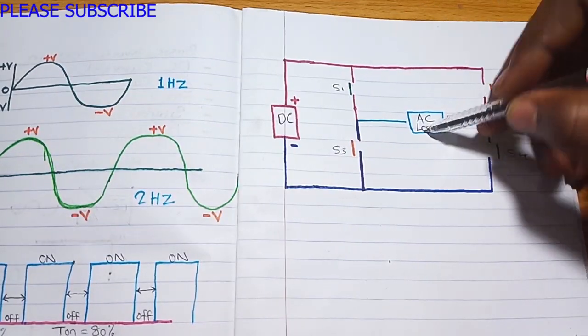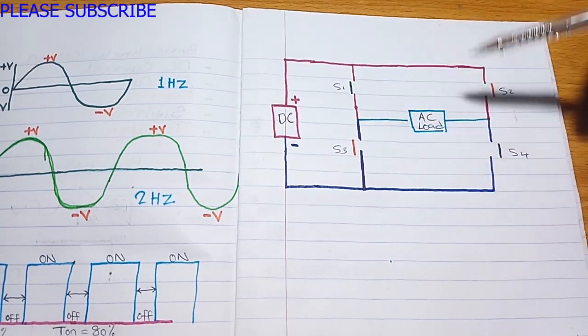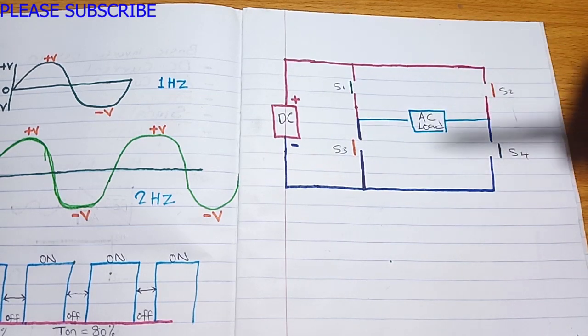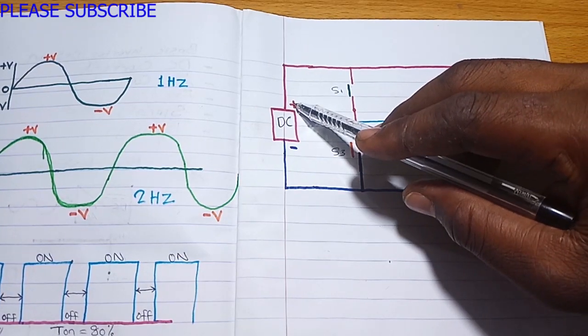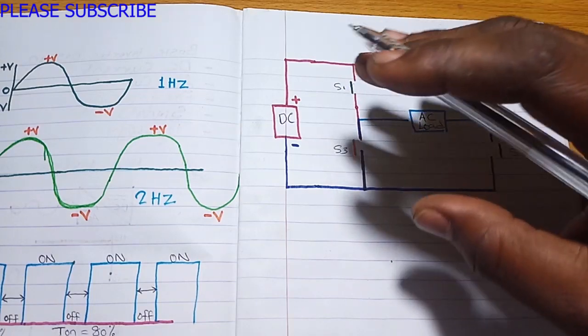This is our load, and we have 4 switches here: switch 1, switch 2, switch 3, switch 4, and this is the positive of the DC, and this is the negative of the DC. So let's see how this will operate.